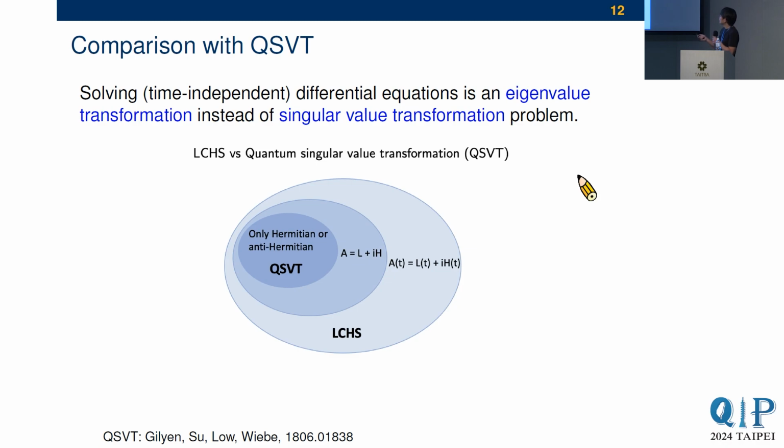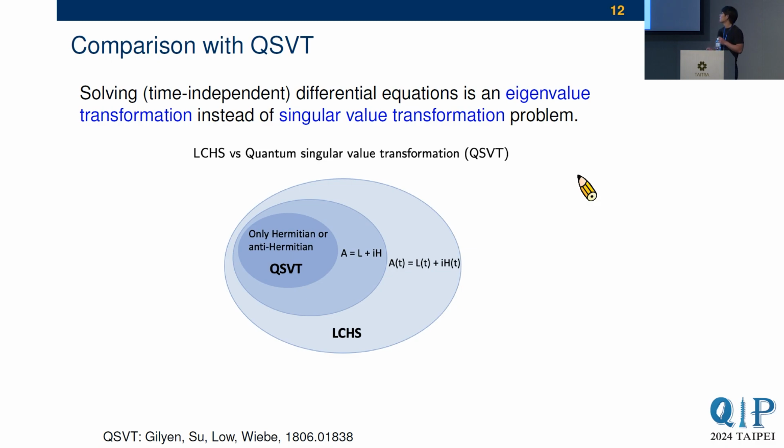And here the LCHS is applicable to the case where A is not even normal, but we do need to add the condition that L is positive semi-definite. It is equally applicable when A is time-dependent, and the identity still holds.